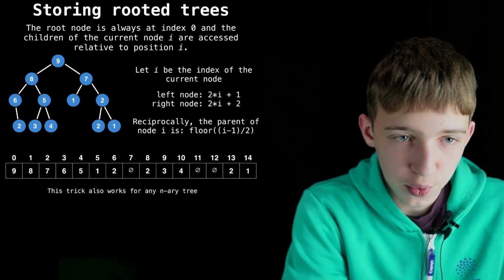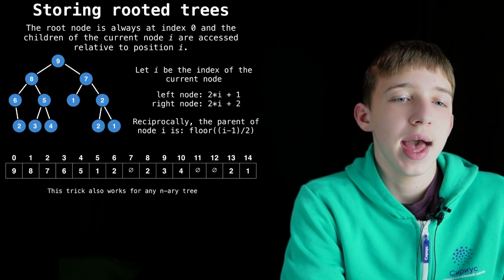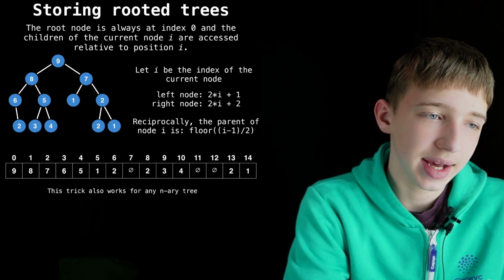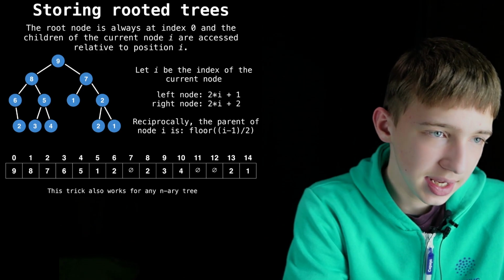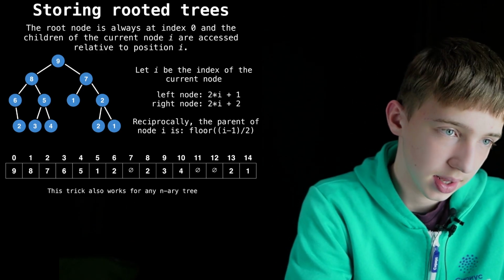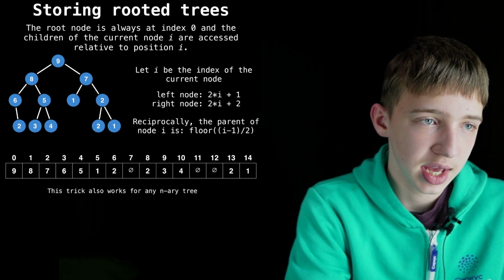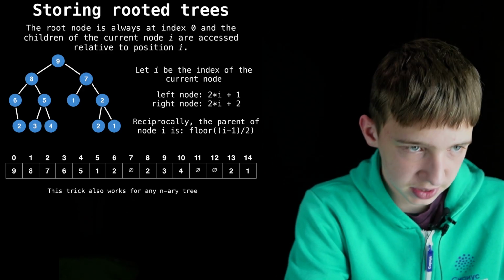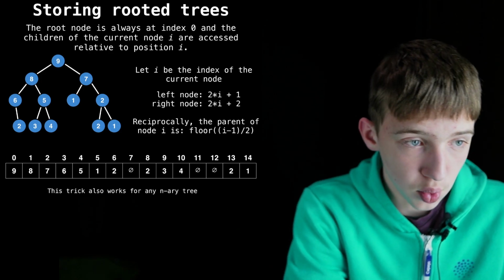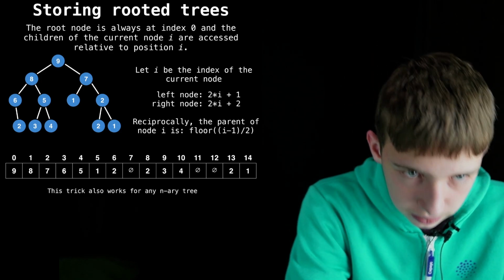In this format, the root node always has index 0, and we can access any node's children with two formulas. The left child is 2 times current position plus 1, and the right child is 2 times current position plus 2.